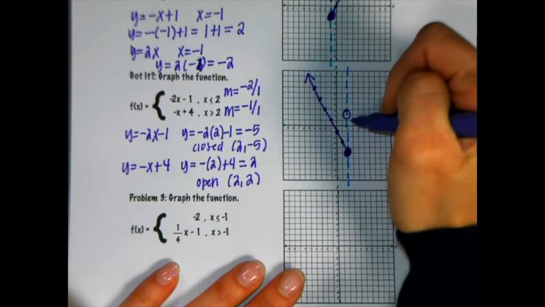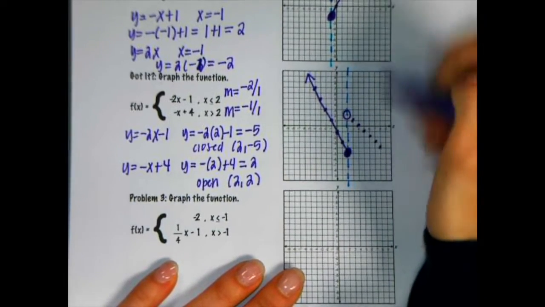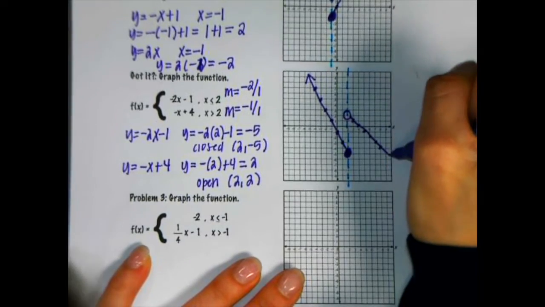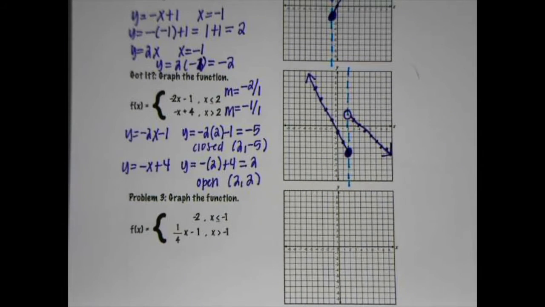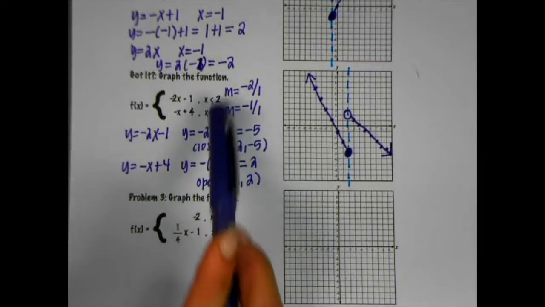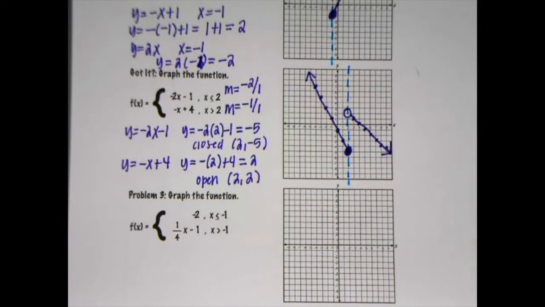So down 1 over 1. So just like that. So that's one method. Taking where the split is happening, that x value, and figuring out where the point's going to be, and then graphing from there. Okay.